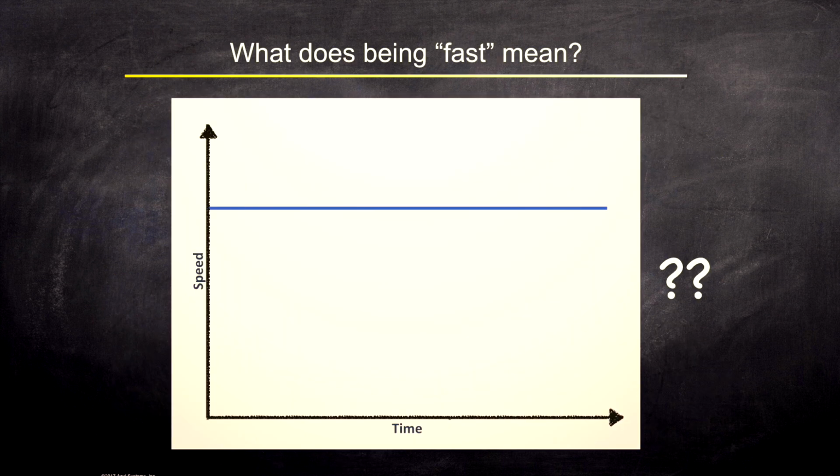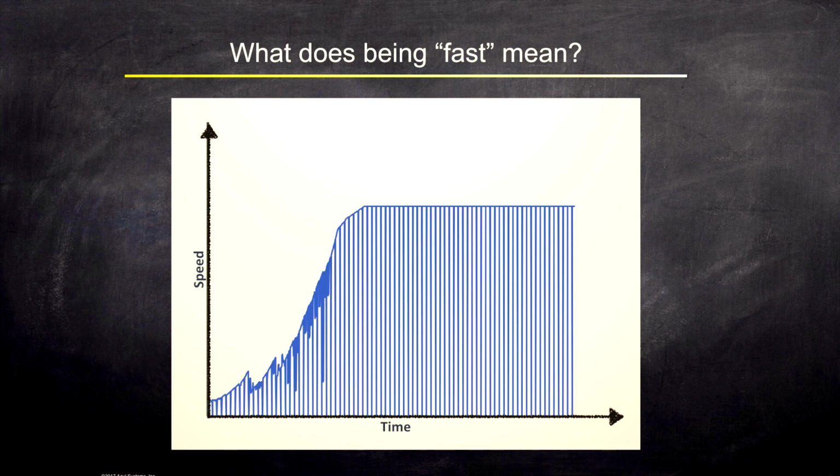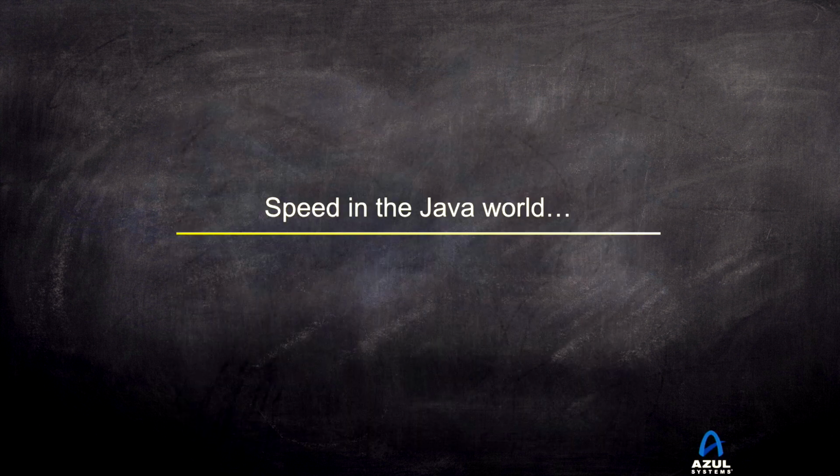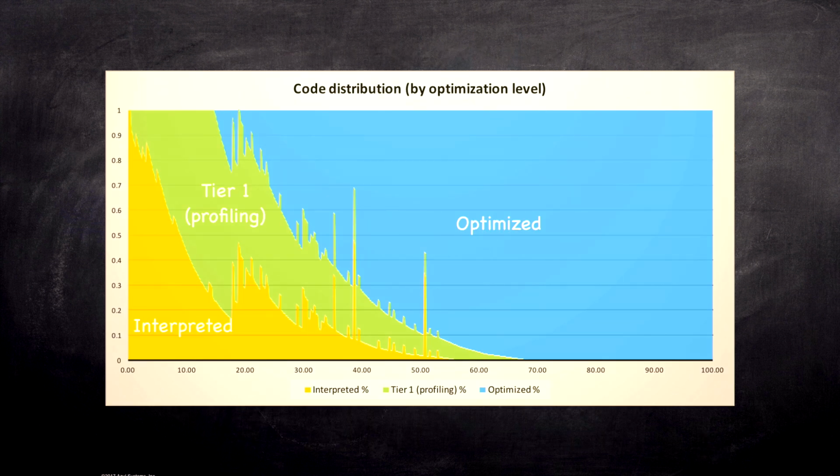And we would like speed to behave like this. That's the ideal speed. You'll never see anything that behaves like this with speed. But we all like to model it that way. Speed in Java environments behaves according to this shape, roughly. This is an actual behavior of speed over time. And this comes out of multiple different parts that play together. The first one is that when you run in Java, code evolves.